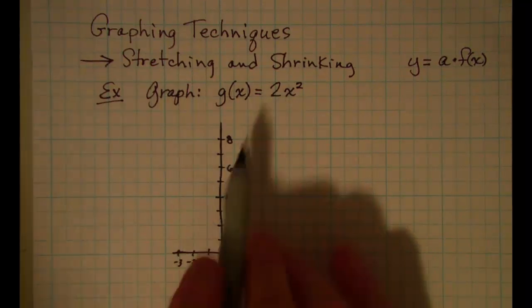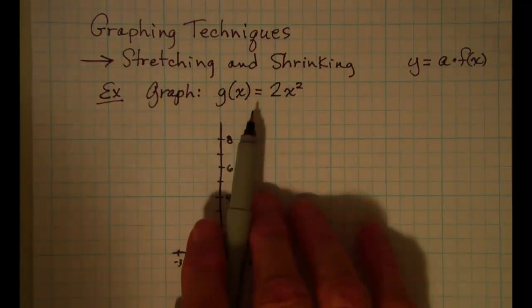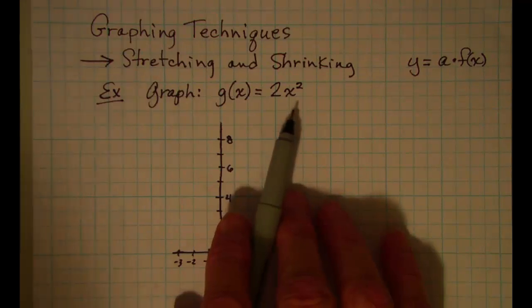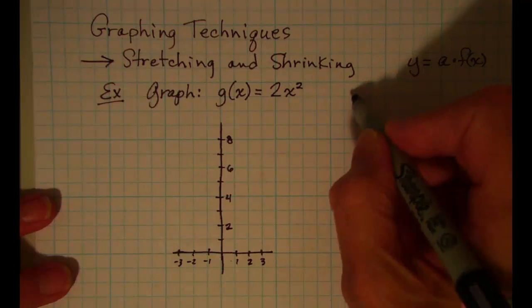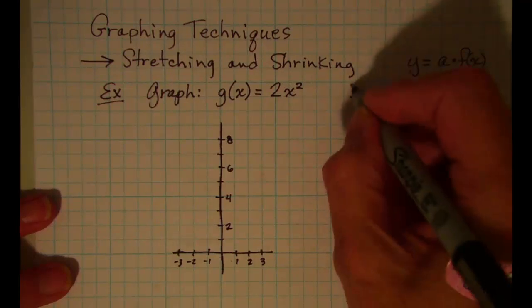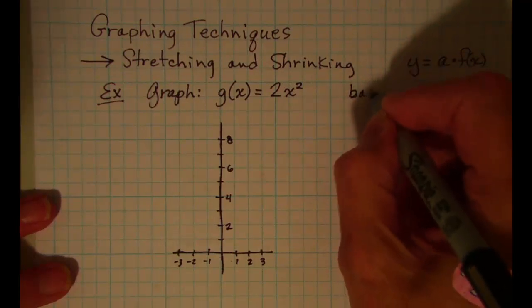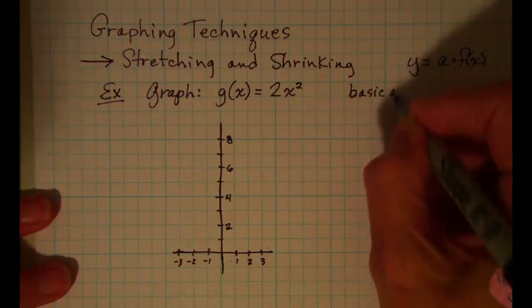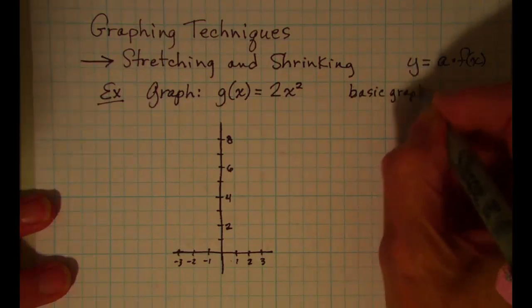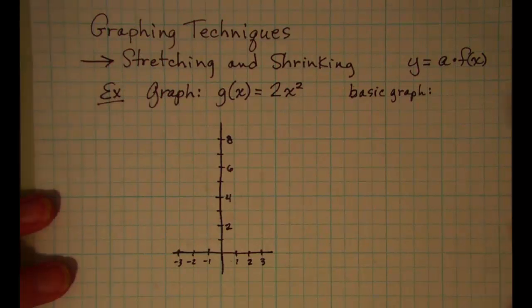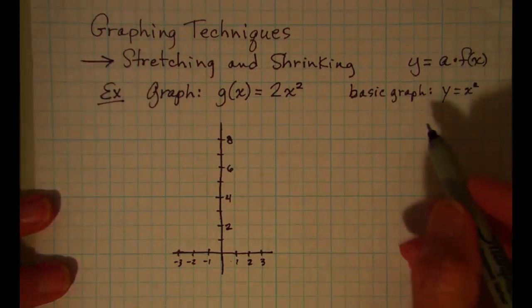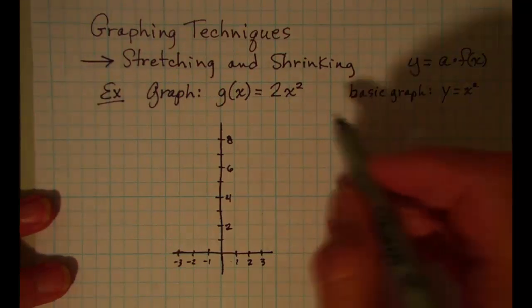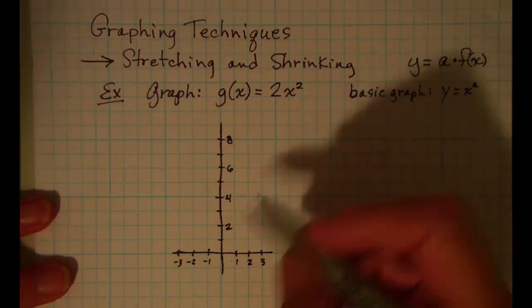Our first example, we're asked to graph g of x equals 2x squared. Our basic graph that we're going to use is y equals x squared. Let me remind you what that looks like.